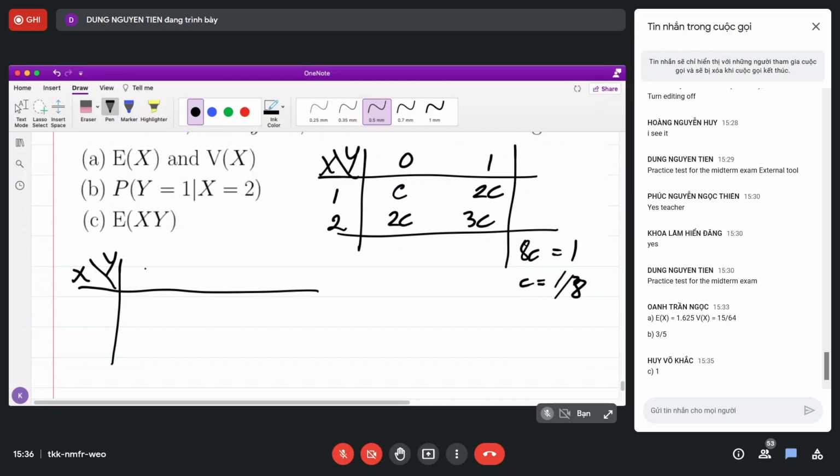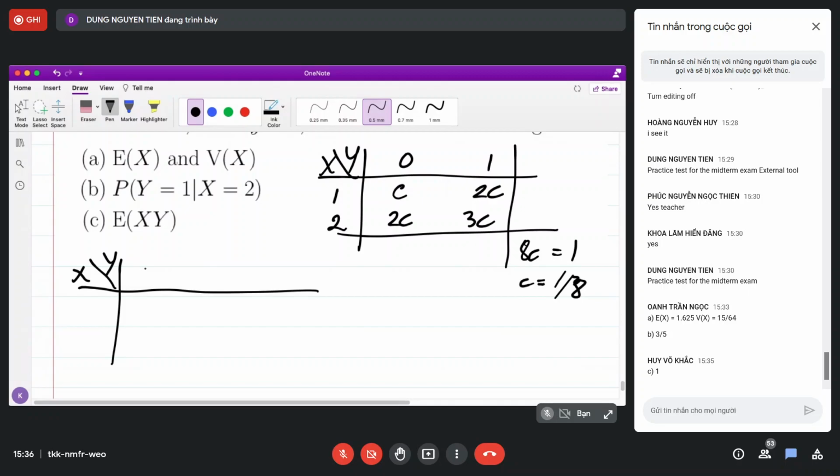All right, now you want to find the mean of x. The mean of x is 1 times the probability that x equals 1 plus 2 times the probability that x equals 2.